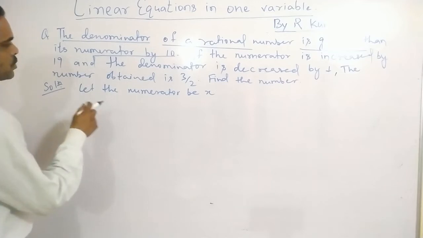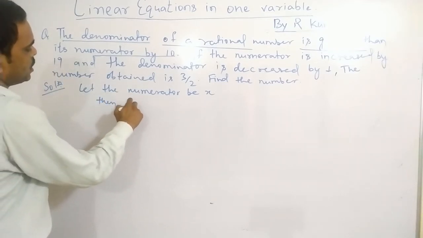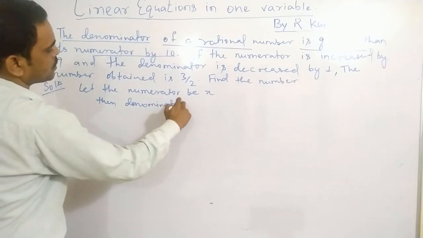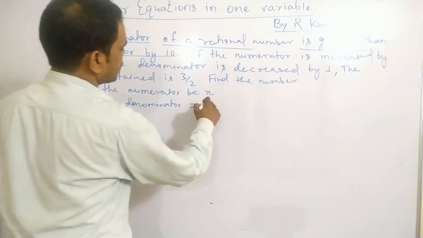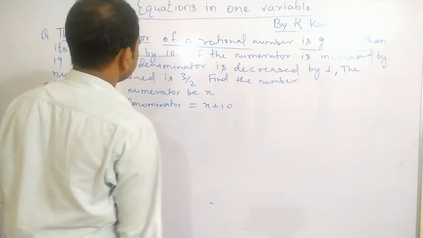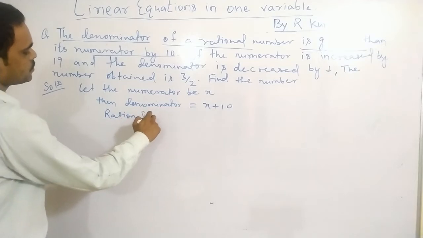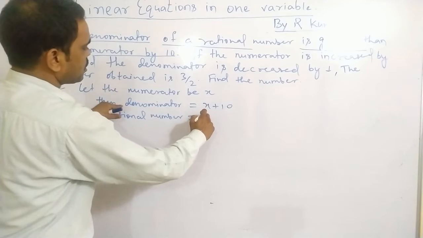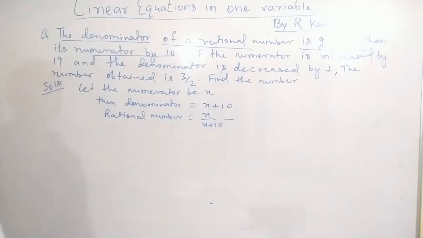Then the denominator will be x plus 10. Now write the rational number: numerator by denominator, that is x by x plus 10.